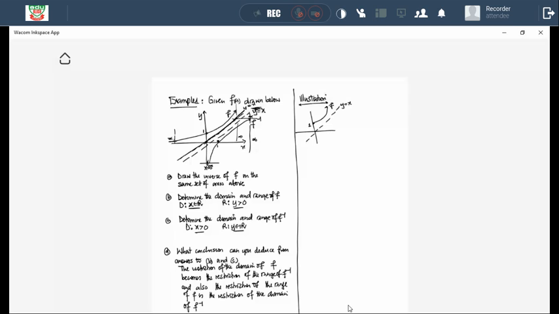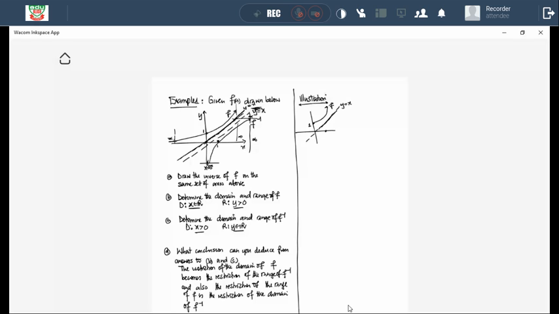Whenever you find yourself reflecting along the line y equal to x, know that you are getting the inverse of that drawn graph. So if I put a mirror along this line, facing where f is, you check in the mirror. Whatever image comes out is that of the inverse.